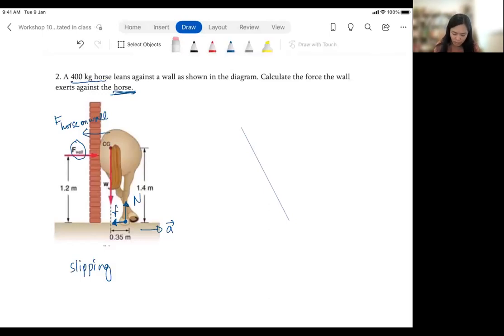Okay, so let me just tidy up our free body diagram here. Right, so those are two additional forces that you should incorporate that's not given in the figure here.